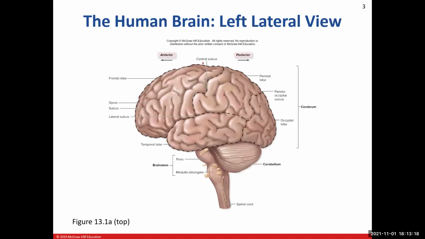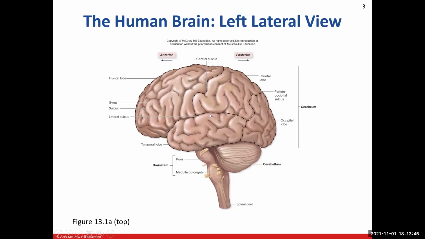All right, so just a couple terms here. And here you can see on our diagram, when we're looking at the brain, you'll notice you have all these folds, and these are all the gyri here. And then you'll have the depressions in between, and those are what we call a sulcus. In certain areas, for example, on the side of the cerebrum, we have a deeper one, and we call that the lateral fissure.